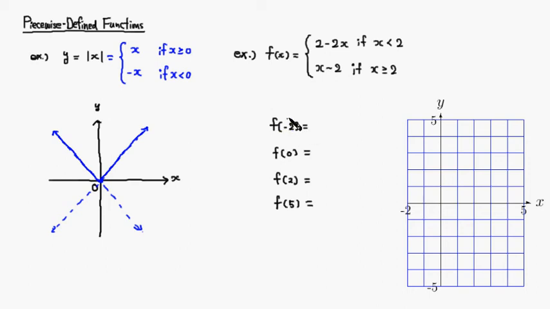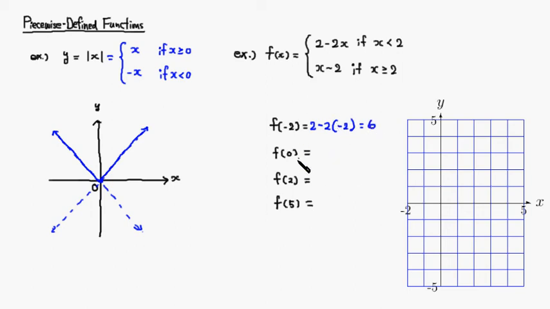Since -2 is less than 2, we need to use the top formula. So you have 2 minus 2 times -2, which is 2 plus 4, so it's going to be 6.